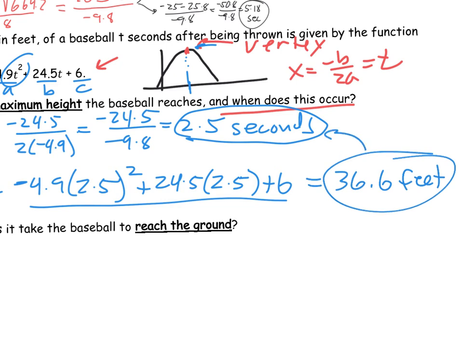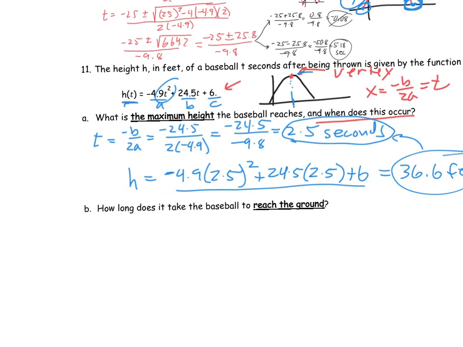So if they talk about maximum height, that's when you're using this formula, the vertex formula, okay? Now it says down here, how long does it take the baseball to reach the ground? So when it hits the ground again, when it hits the ground, that's when you use the quadratic formula. So we're going to be saying x equals negative b.